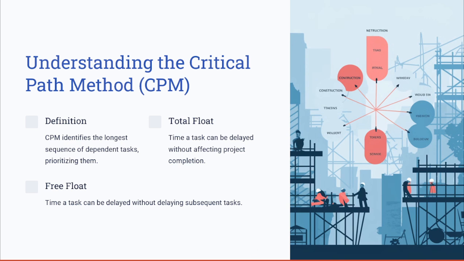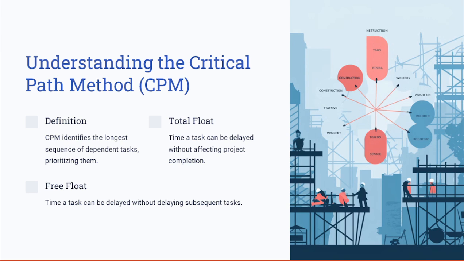To talk again about the critical path, or CPM. We said that it helps project managers determine the longest sequence of dependent tasks, ensuring they receive the highest priority. We also talked about float or slack, and we covered the total float and the free float.